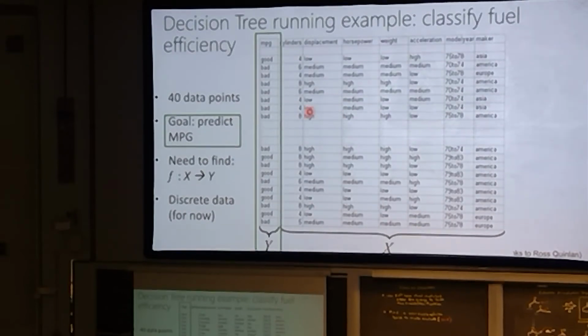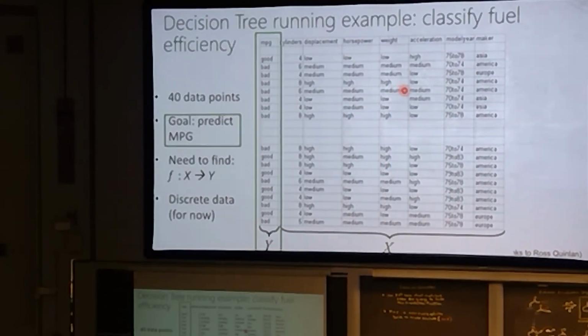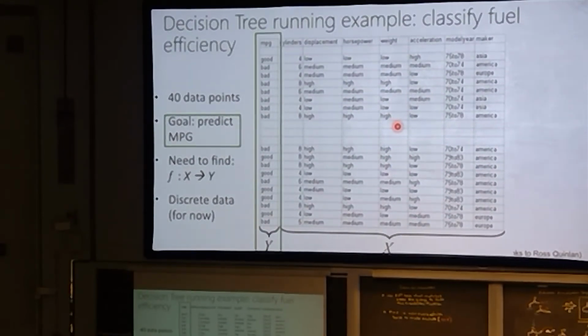Right now, these are discrete data in most of the examples, but at some point I'm going to start mixing in features that are real valued. One of the strong points about decision trees is that you can very naturally mix discrete or categorical features and real valued features, which can be more difficult in other settings.